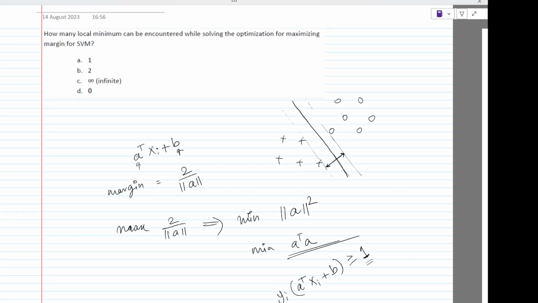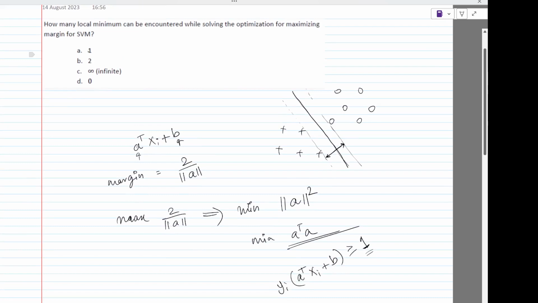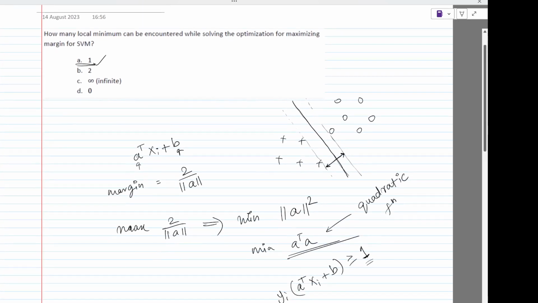Is it clear? So the answer is 1. Any doubts in this?